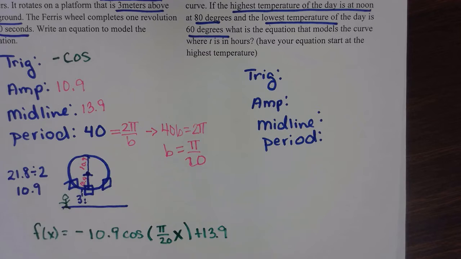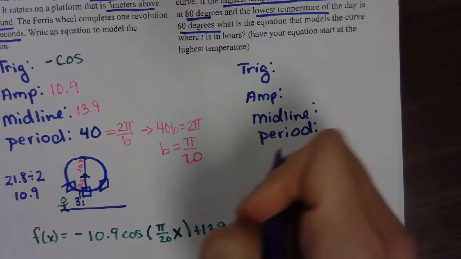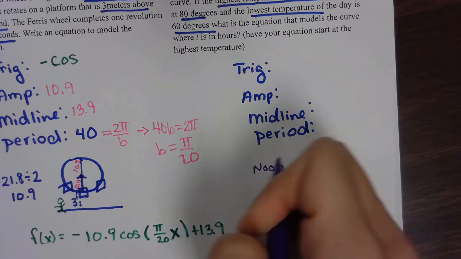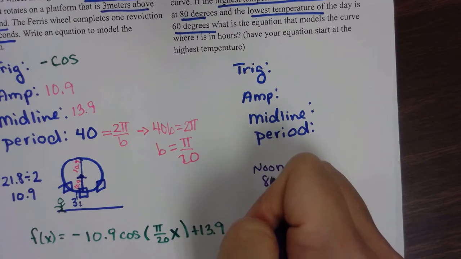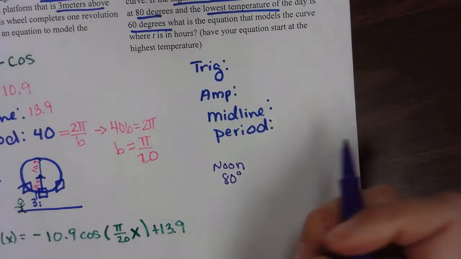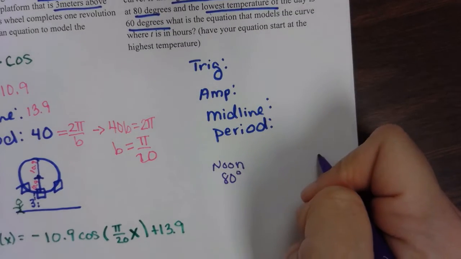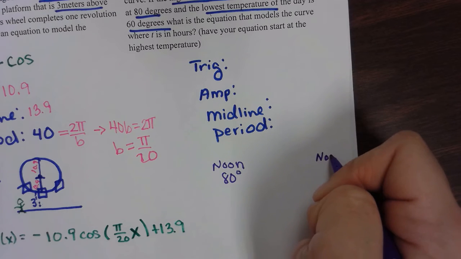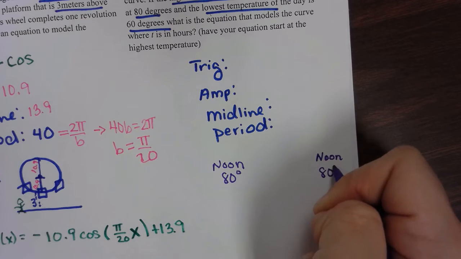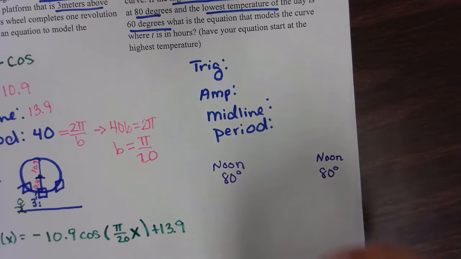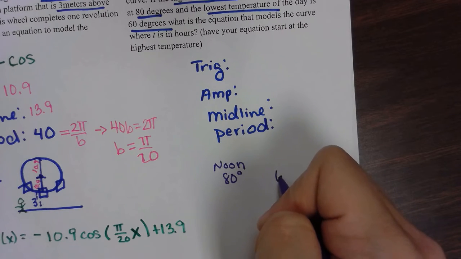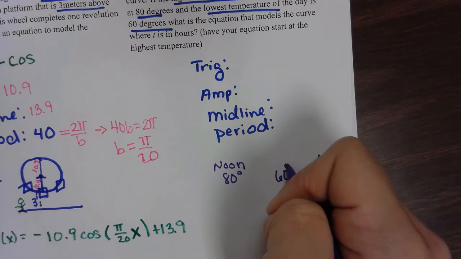Well, that means at noon, we are at 80 degrees as the high. And then if we go all the way to the next day at noon, we're back at 80. But our lowest point of the day is going to be 60.